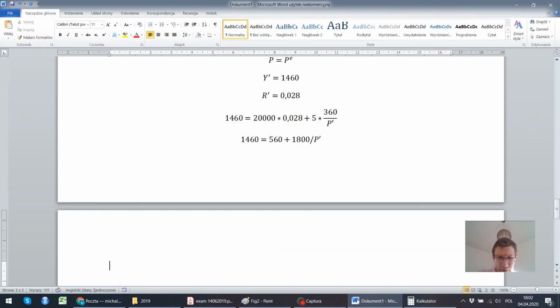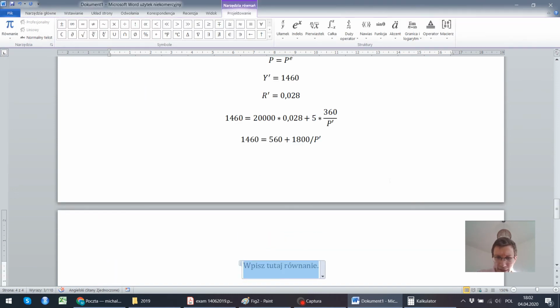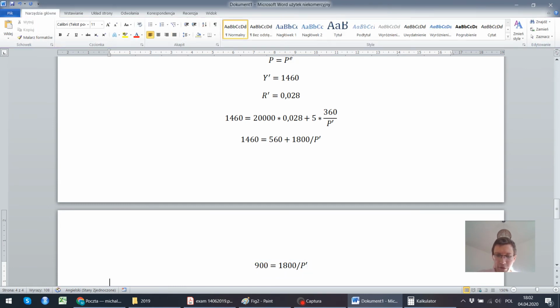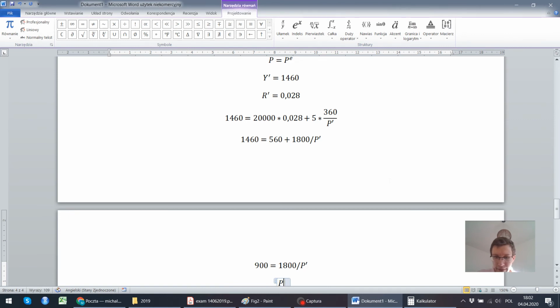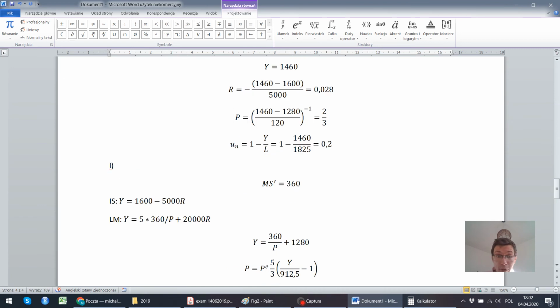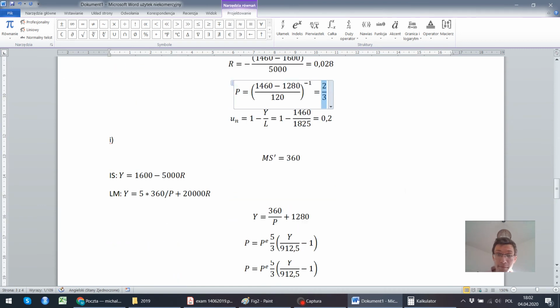Okay, so on the left hand side we have 900. On the right hand side we have 1800 over P prime. So of course we immediately see that the new level of prices is equal to 2, all right, comparing to the old level of prices equal to 2/3.